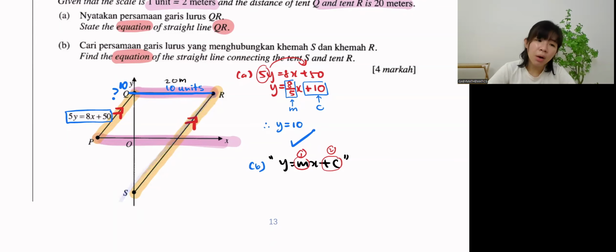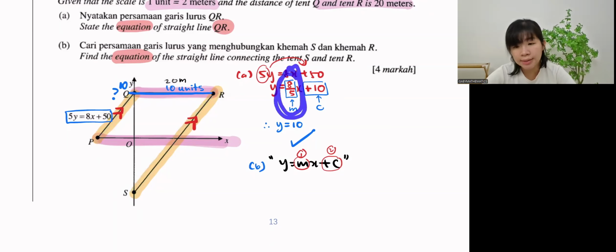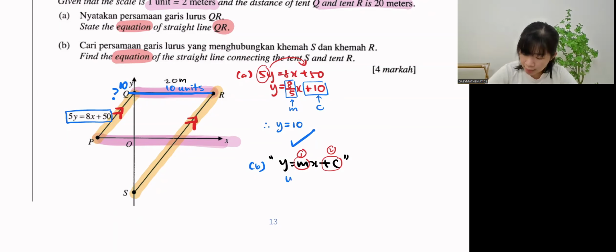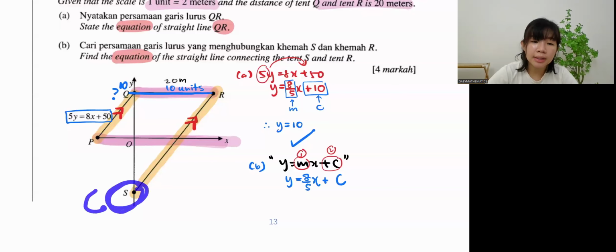Do we need to find it all over again? No need, correct? Because we know that these two lines are parallel. Just now we already arranged the equation. The gradient is this one, so it's 8 over 5, correct? So y equals 8 over 5 x plus, what is the c? We don't know. c is the y-intercept here, not given.